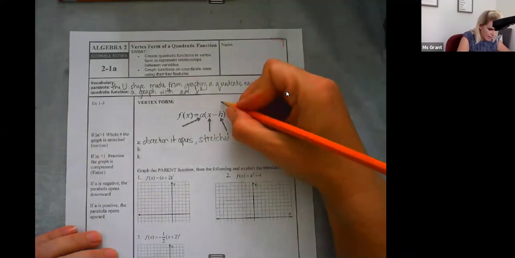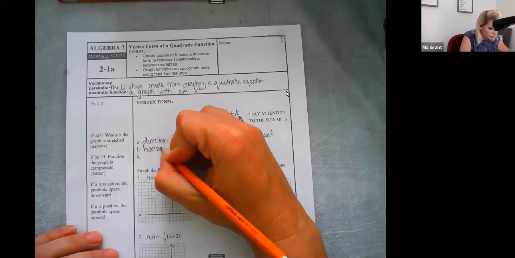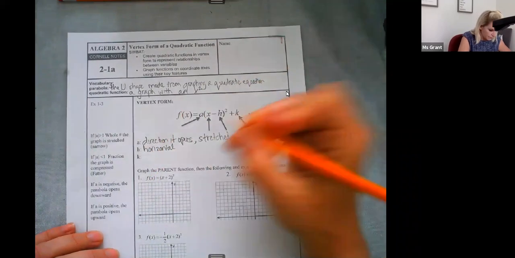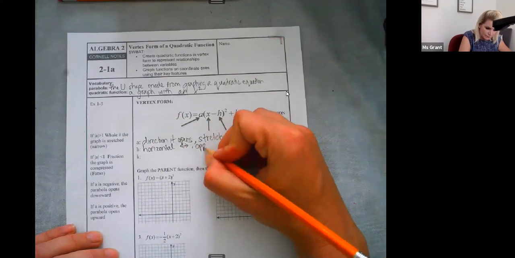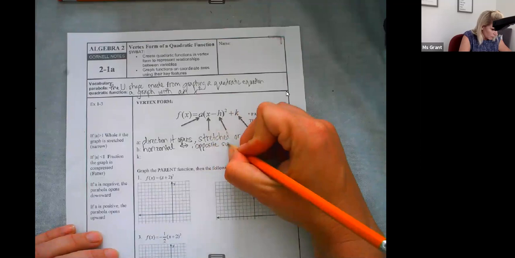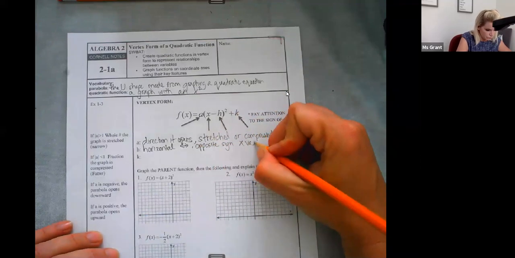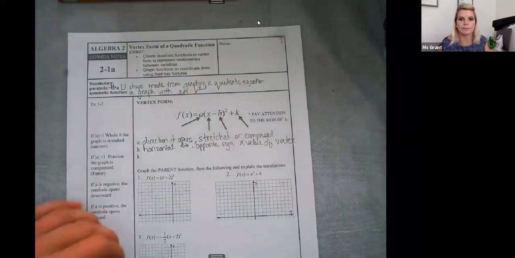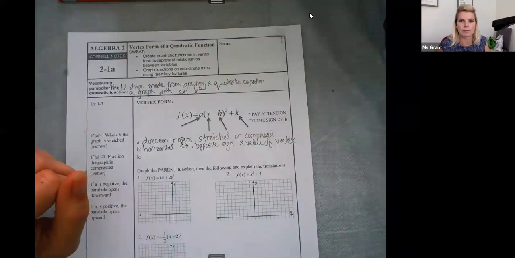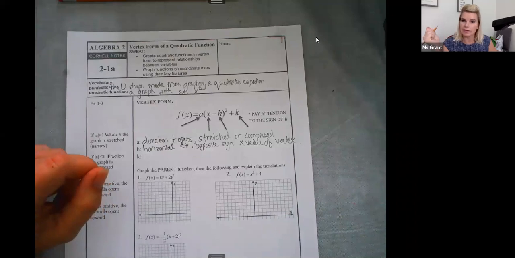All right, h is my vertex, my x value. First of all, it's a horizontal translation, could be left or right. I want to remind you that it's the opposite sign, remember? And it's the x value of my vertex.